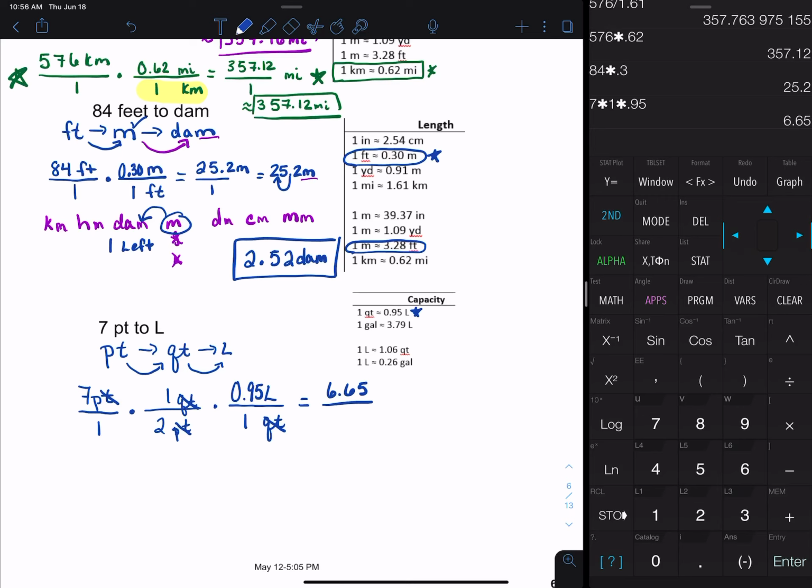In my denominator, I have 1 times 2 times 1, which gives me 2. And then I know that fraction bar means division. So I'm going to take 6.65 and divide it by 2. That gives me 3.325 liters. And if they asked me to round somewhere, I would round appropriately.